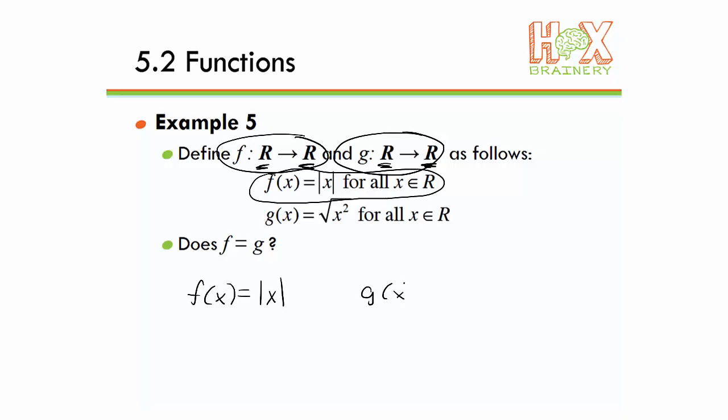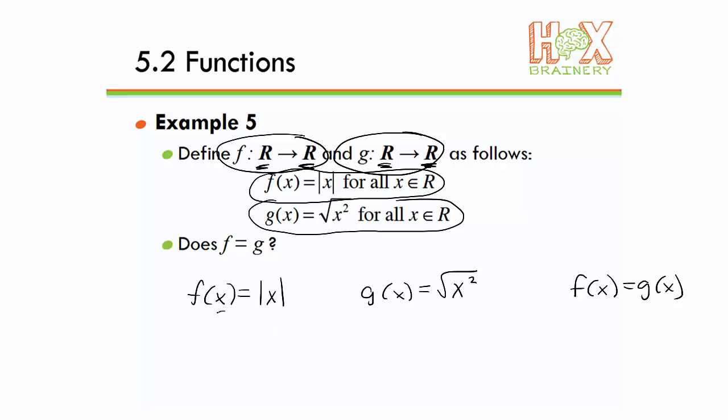And G of x is equal to the square root of x squared for all x in the set of real numbers. Are these equal to each other? So will F of x and G of x be equal to each other for all x that you plug in? Think about that for a second.